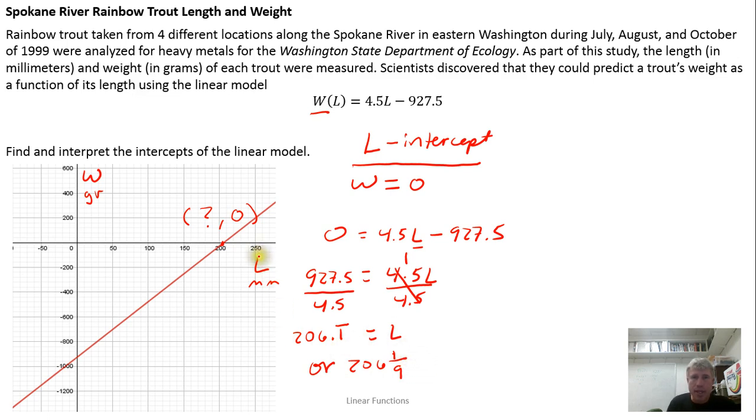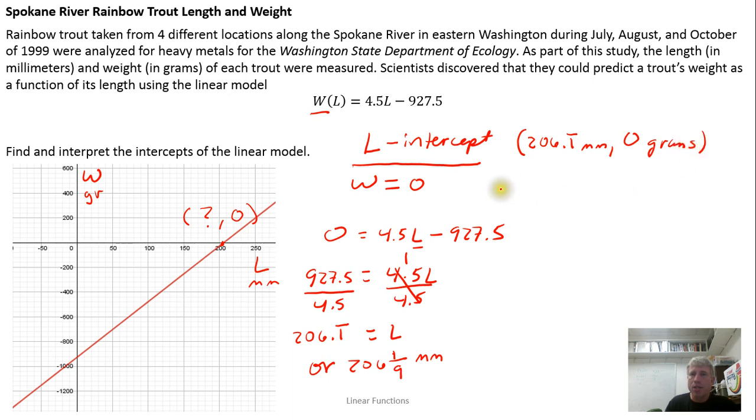This is the length axis, so this is a length measurement, so these are millimeters. So coming up to the top here, writing the intercept as an ordered pair including units, I'm going to write 206.1 repeat millimeters, comma, corresponds to 0 grams.